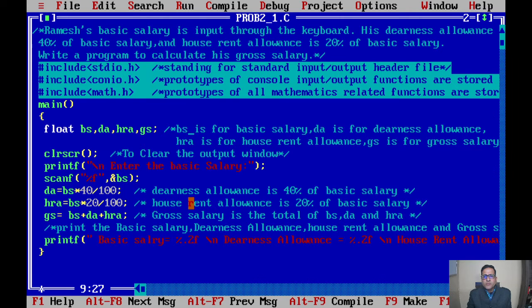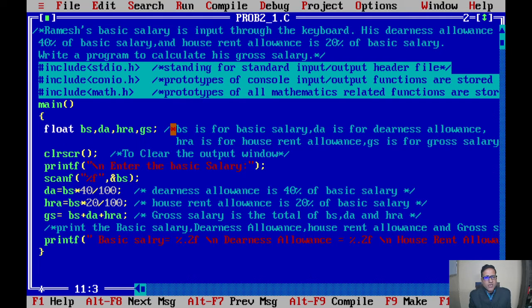BS is the basic salary, I given here as in comments. BS is for the basic salary, DA is for dearness allowance, HRA is house rent allowance, GS is the gross salary. It is a good practice to use these comments so that any user can have understanding of these variables.